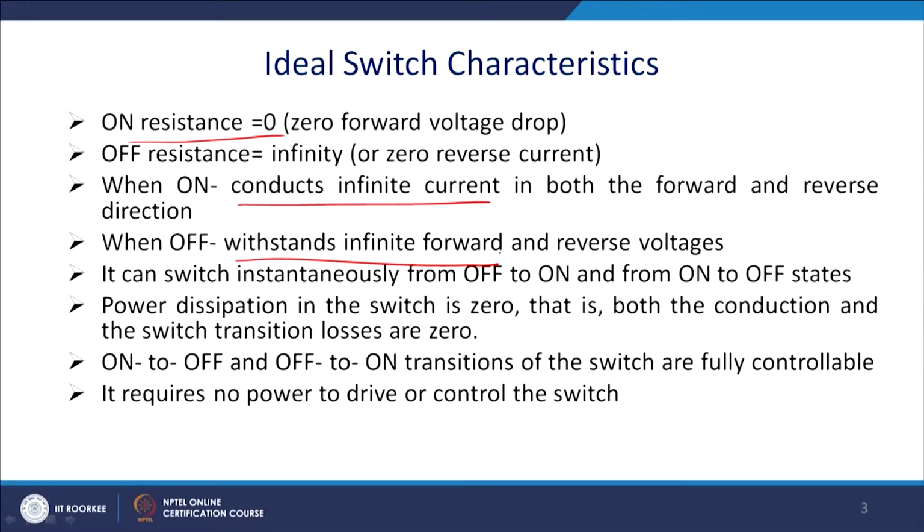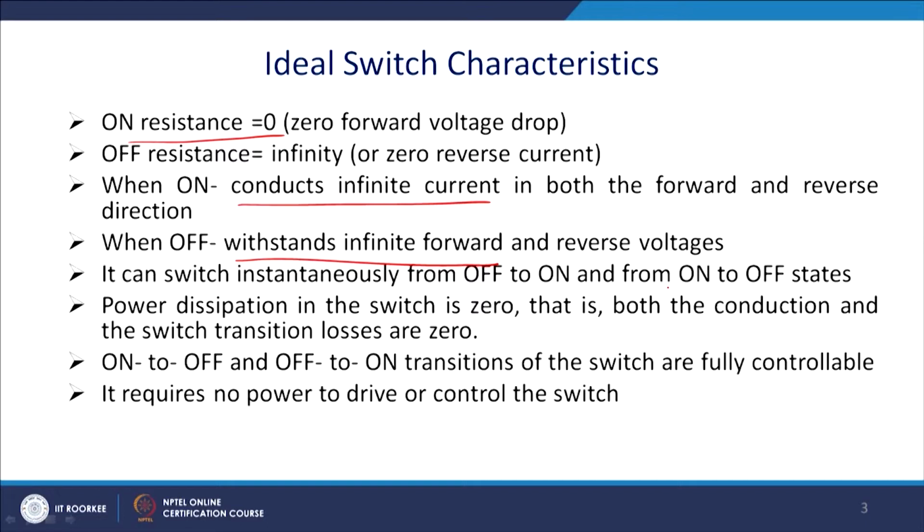It comes under some kind of mechanical switches like SPST and so on. When off, it blocks instantaneous infinite forward and reverse voltage. You have studied the forward breakdown voltage and reverse breakdown voltage, but in the ideal consideration of switches, this is not considered.